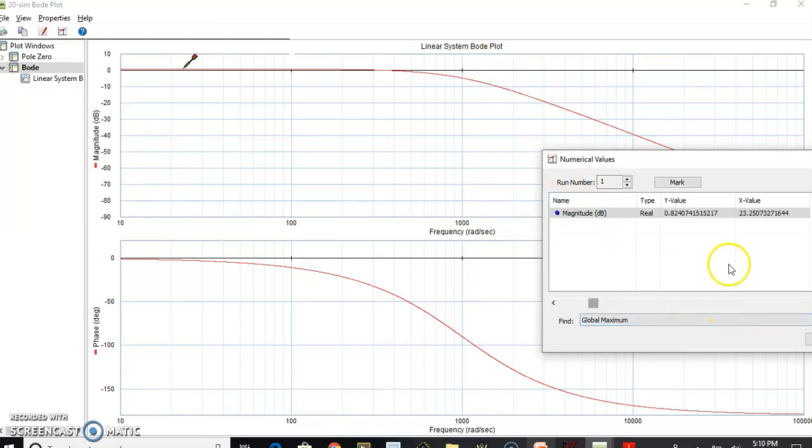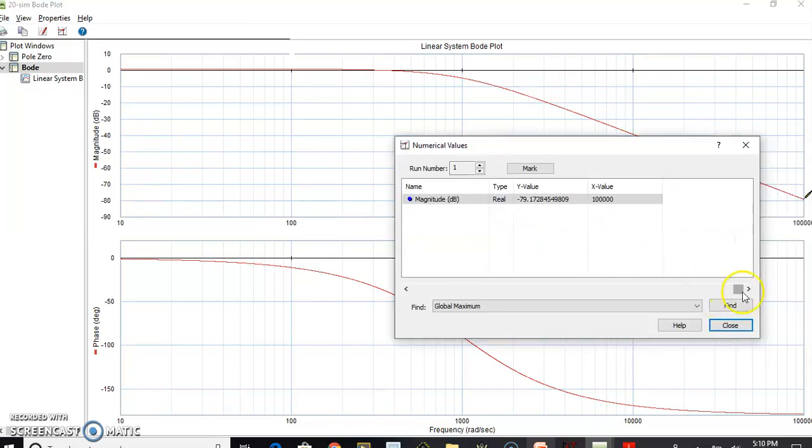The DC gain happens to be 0.8 dB, almost close to 1 dB. If it were maximally flat, it would be at exactly minus 3 dB. Since it is not maximally flat, if I move this and put it at 1000 radians per second, you can see it is now down by almost 4 dB.